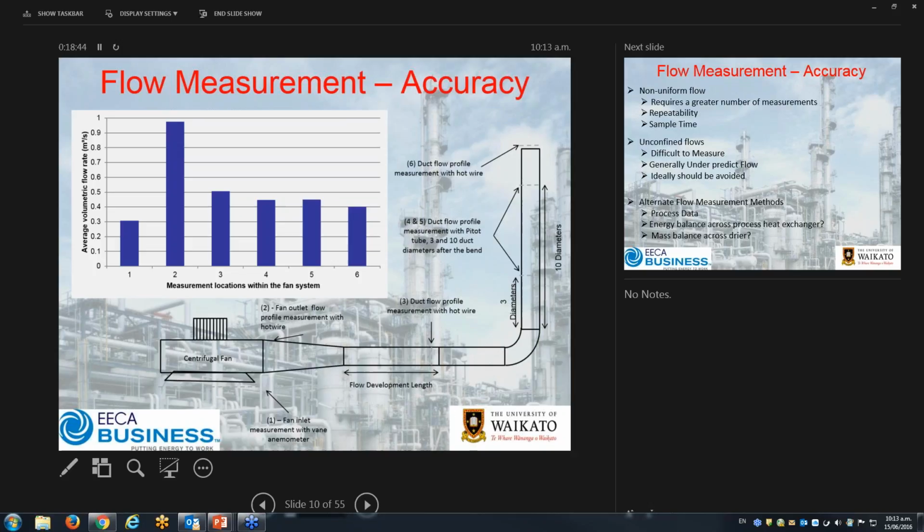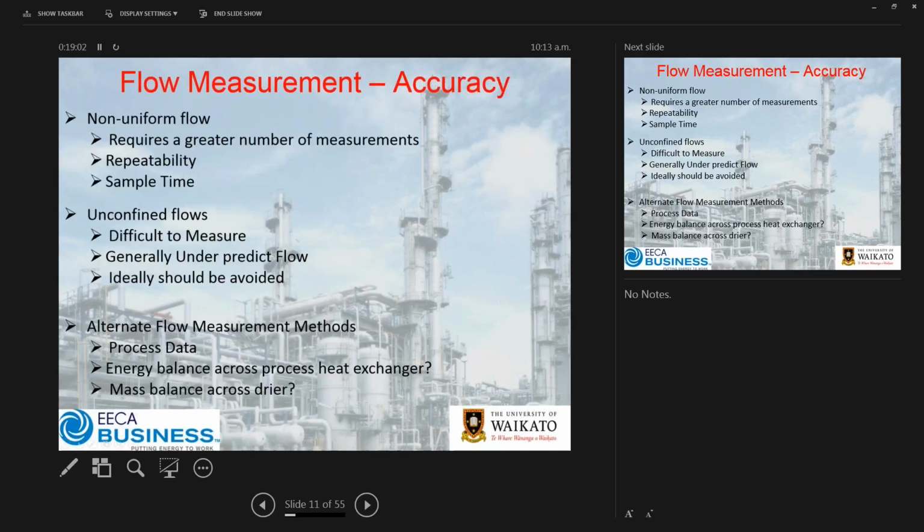In this particular case, the error was almost 100%, so it was nearly double the true flow rate. So you've got to be very careful. The only other point I'll make here with regards to point 6 is, once again, at a free outlet, it's very difficult to fully capture the flow as well.